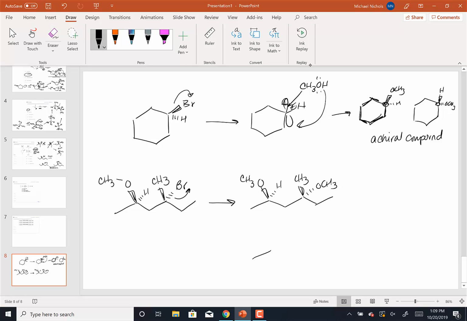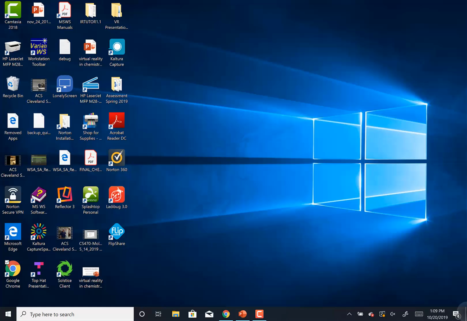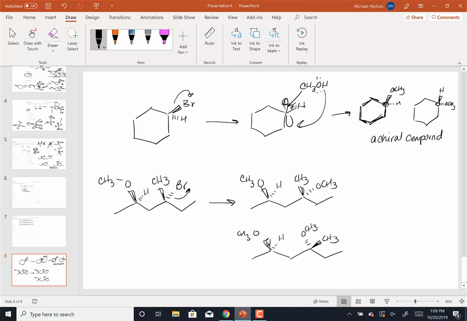And for the other molecule, the OCH3 group will be on the dashed wedge, so that again we're basically making both orientations of that chiral center.